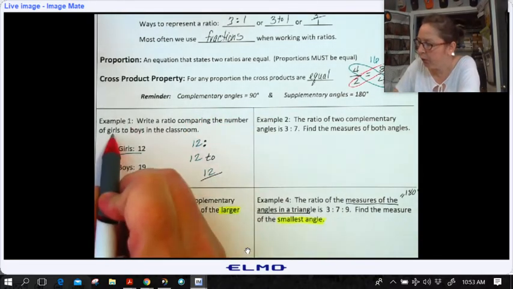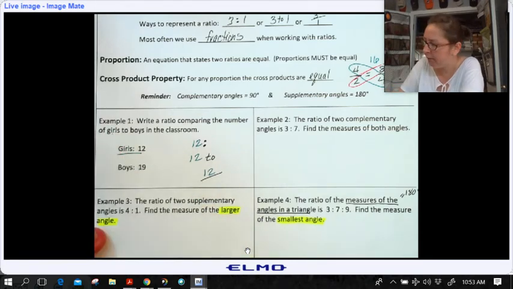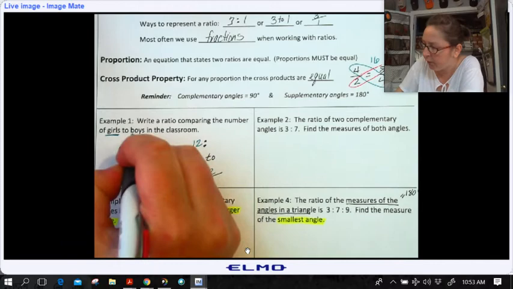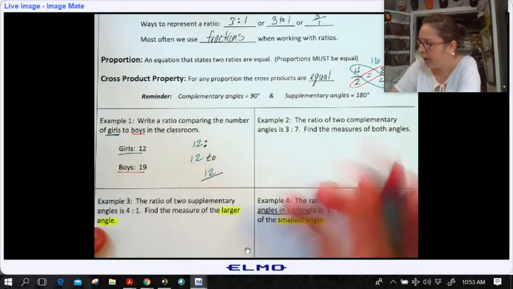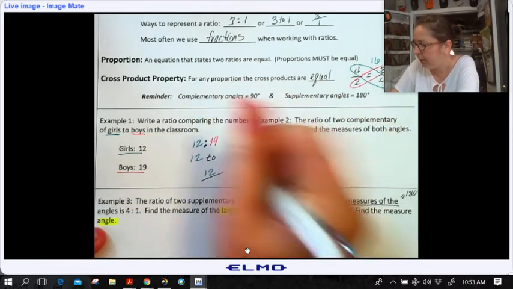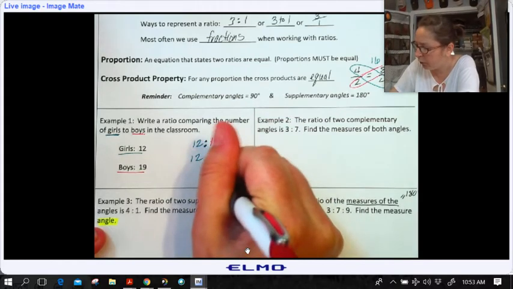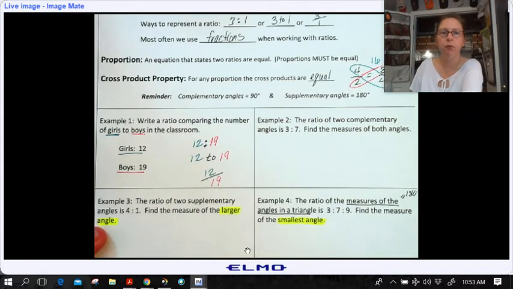So I put girls first because the way that they said it was girls to boys. So boys come second. Okay, so 12 to 19, or 12 over 19. So those are the three different ways that we can write our ratios.